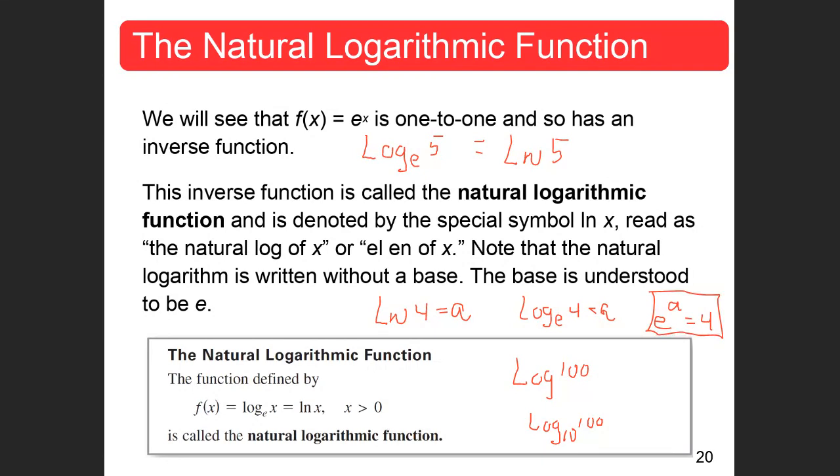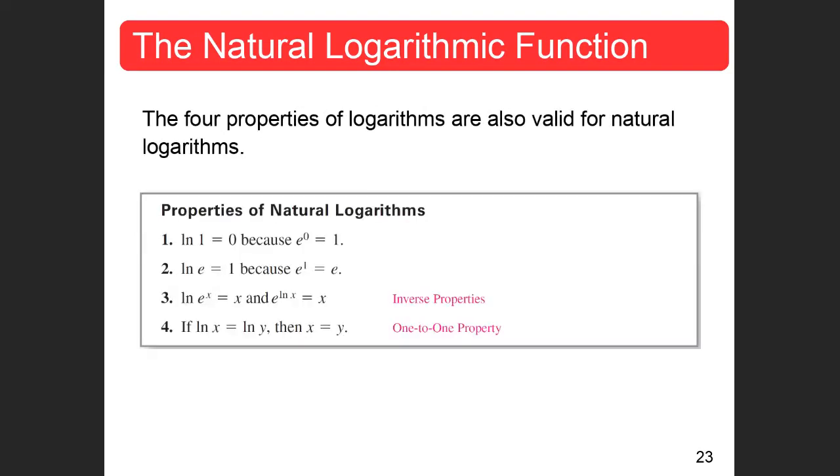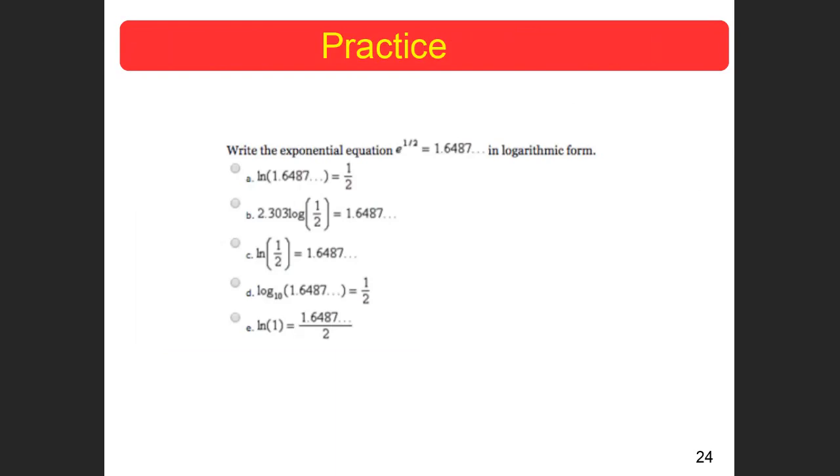Anytime I have a natural log, in my head I'm rewriting it as log base e. Natural logarithms have the exact same rules as all of the other logarithms. Just because it's a natural log, it's still a logarithm, so all of those rules go along with it also.